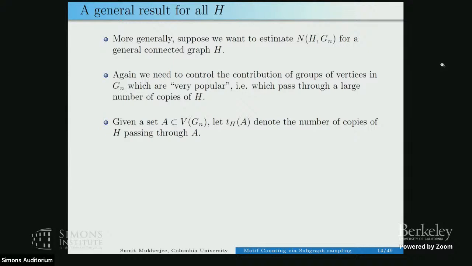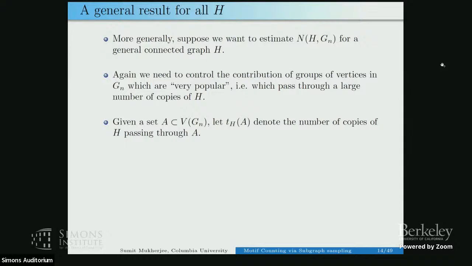What does that mean? Passing through means the number of injective homomorphisms such that... so for the triangle case, let me write it down. Does it mean the vertex set has non-zero intersection, or does it mean it's contained? Contained, not merely intersecting. So let's see. Suppose H is a triangle, then T_H({1,3}) is the sum over i of A_1i A_3i.